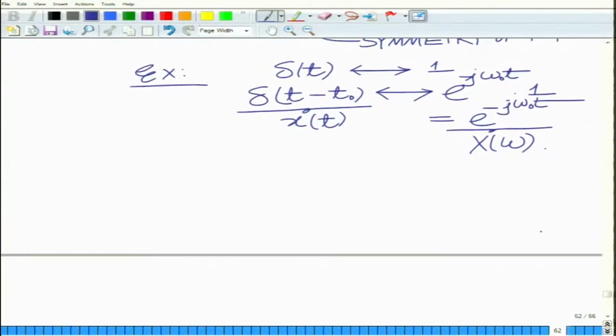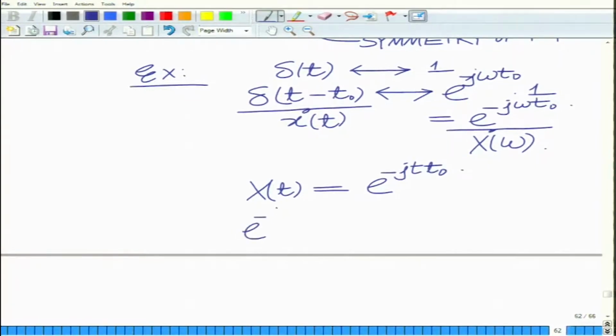Now, using duality, what happens is we have capital X of t equals, replace omega by t, so this will be e raised to minus j t naught, which has a Fourier transform 2 pi x of minus omega, where small x of t is delta of t.